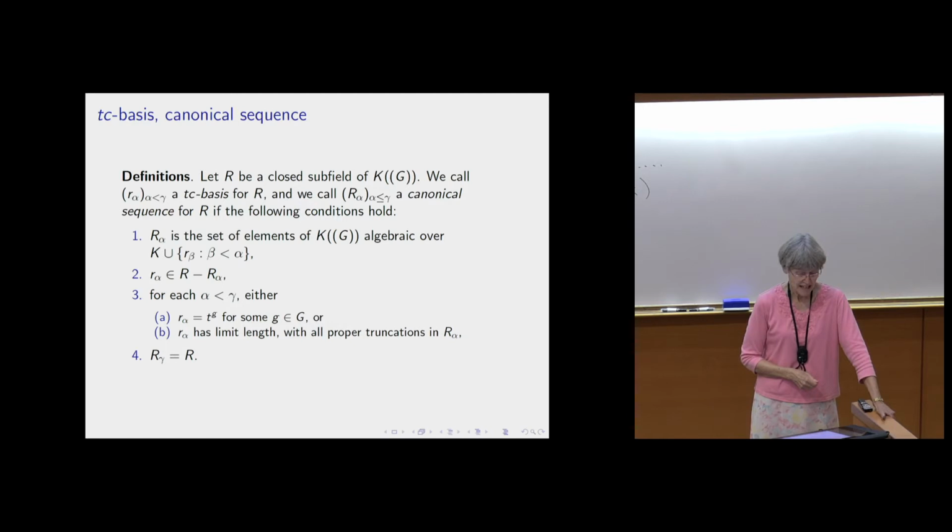And then for each alpha, these little r_alpha aren't just an arbitrary transcendence basis. I want to say either I'm getting something of the form t to the g, or else I'm getting something of limit length with all of the proper truncations already present.